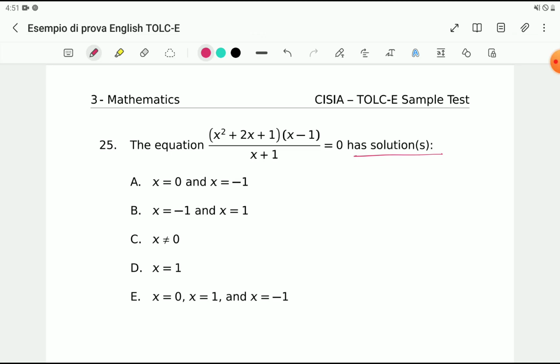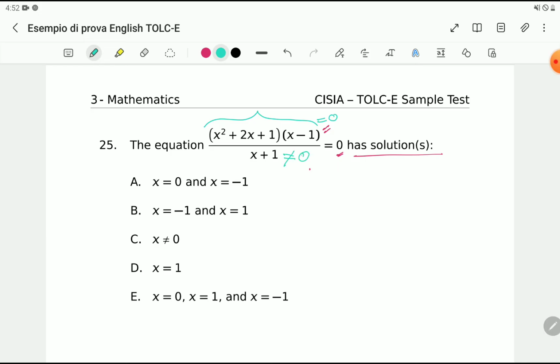Now you know, the left hand side equals the right hand side, which is 0, when the numerator, that means these two values, equals 0. The denominator cannot be 0.